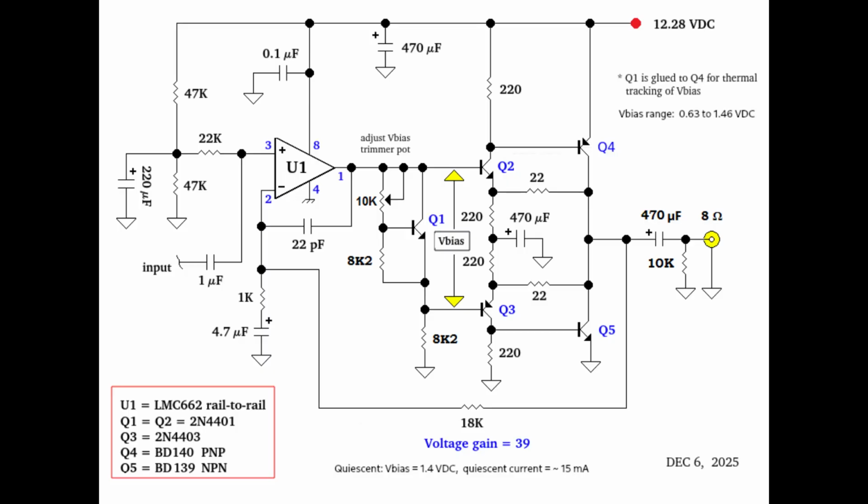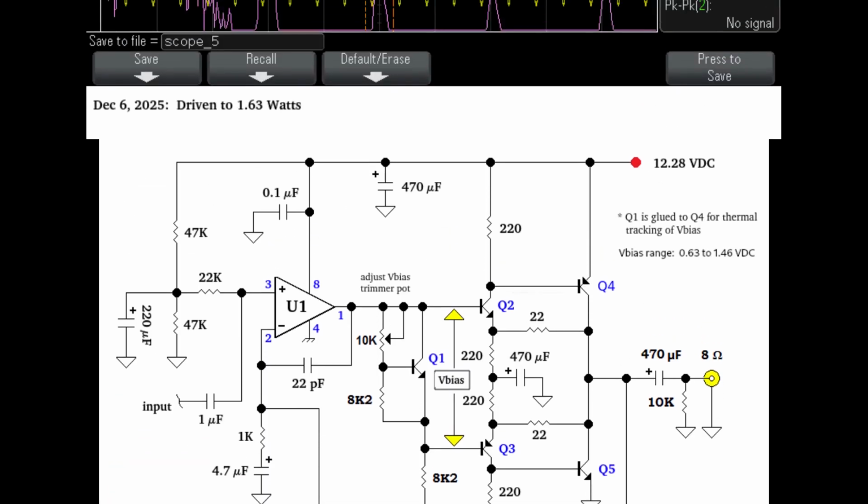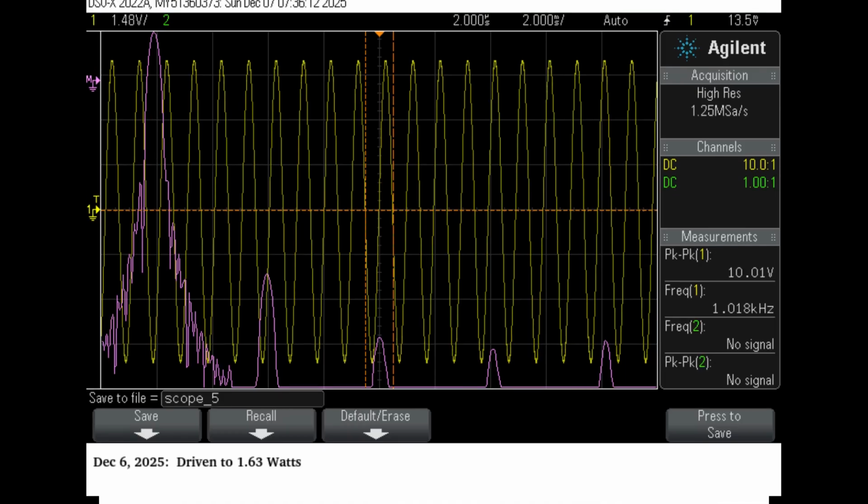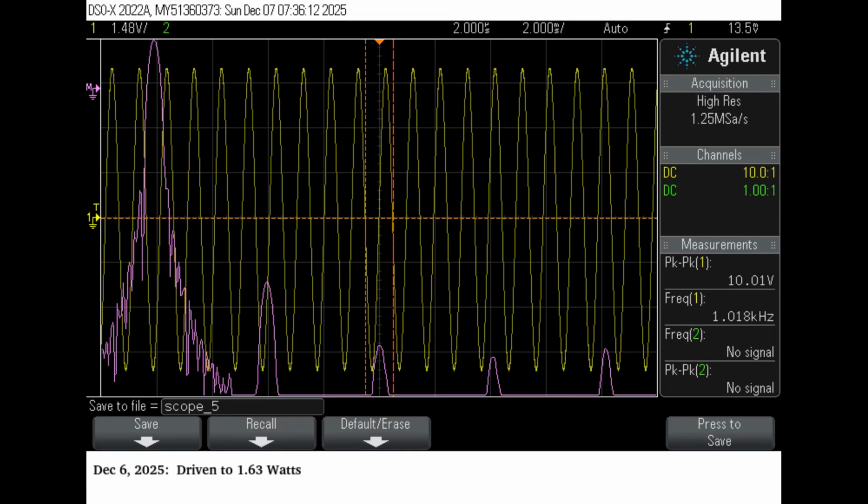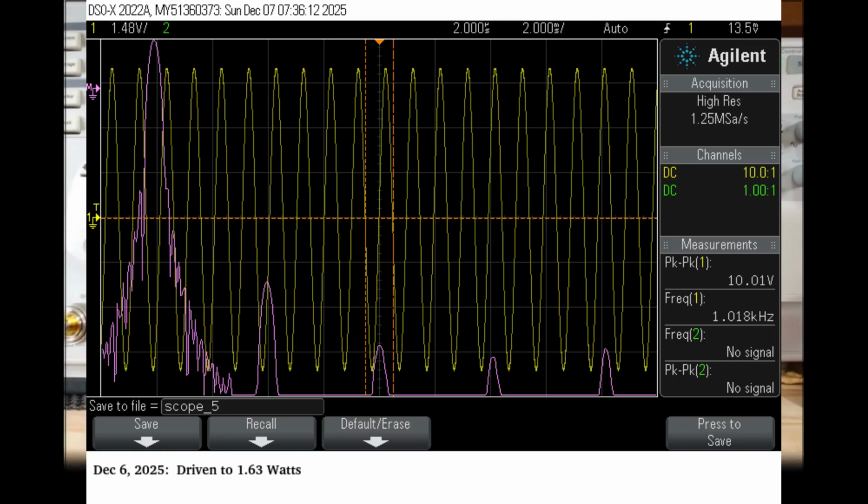I used a rail-to-rail op-amp as the driver and employed two complementary feedback pairs with a voltage gain of a little over 1.1. I was able to drive this amp to around 10 volts peak to peak, or 1.63 watts, with only 15 milliamps of quiescent current. This is not possible with an LM386.